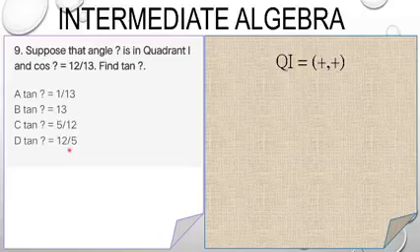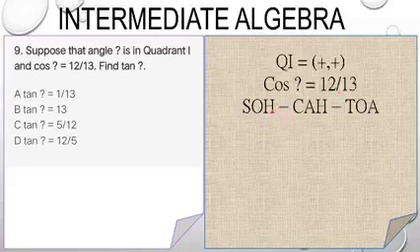Okay? So maliban sa quadrant 1, we have also cosine theta or cosine angle, which is equal to 12 over 13. Yung value daw ng cosine question mark is equal to 12 over 13. Kailangan natin hanapin yung tangent question mark. So recall in trigonometric function, yung term nito, we have the SOHCAHTOA. So stands for sine, which is equal to opposite over hypotenuse.